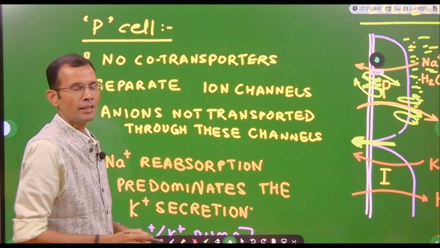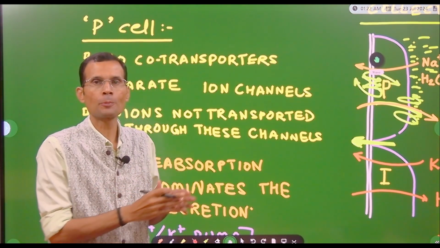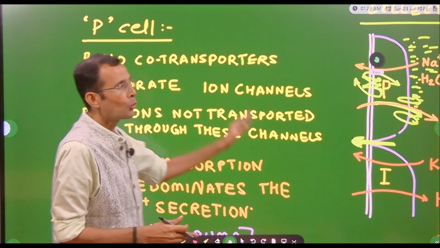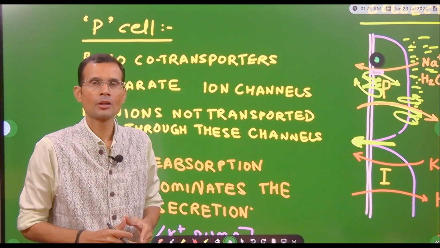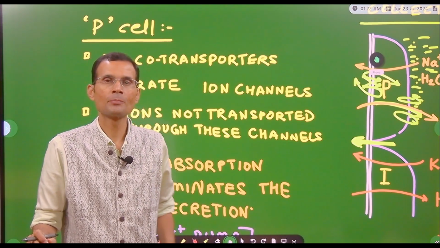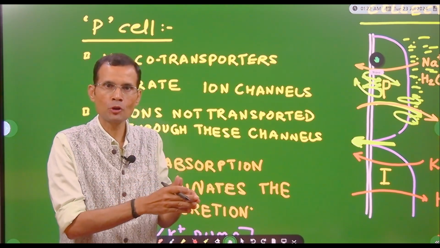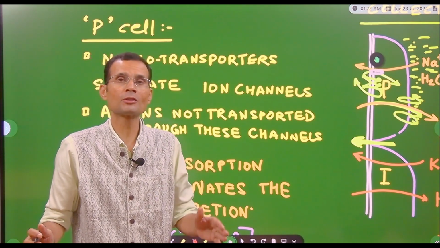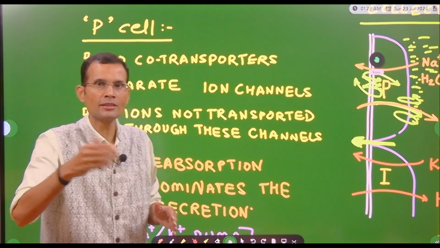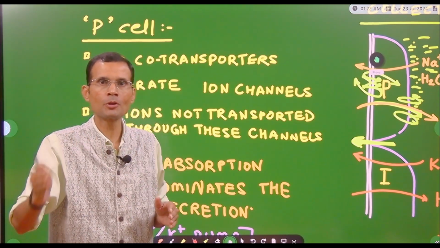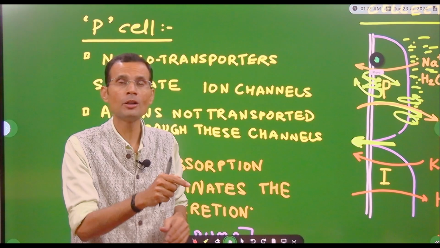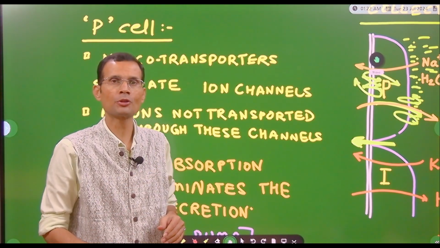The principal cell, which causes reabsorption of sodium and secretion of potassium, has no co-transporters here. We saw in the case of loop diuretics and thiazides, the reabsorption was blocked by blocking the co-transporters. In the case of the loop of Henle, there was NKCC, so sodium, potassium, chloride were all transported together in the same direction by the same co-transporter, the same carrier protein.